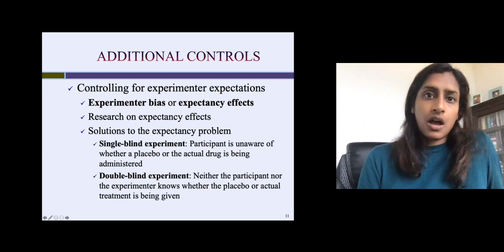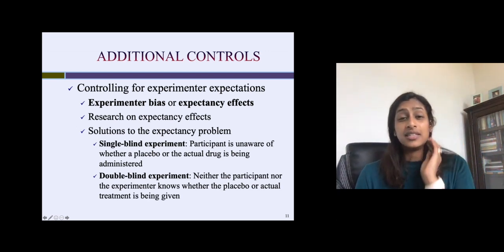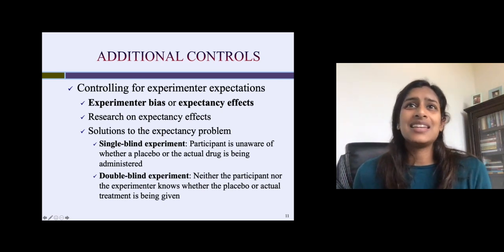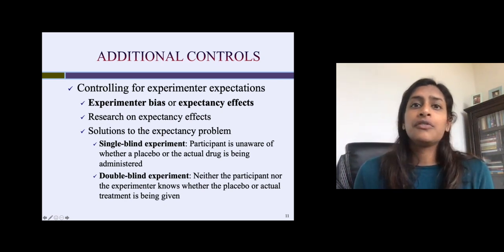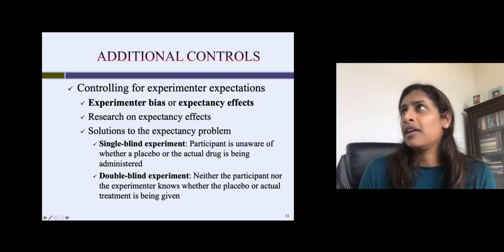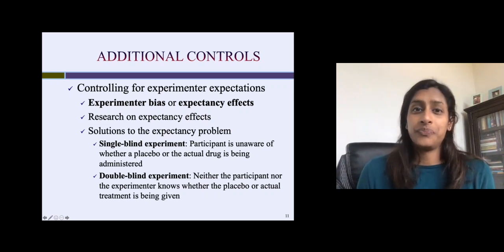So on one side, we've got what our participants are expecting to happen. The other side is the experimenter. As experimenters, we might even say something that influences a behavior. So let's say we're giving a medication to look at depression.